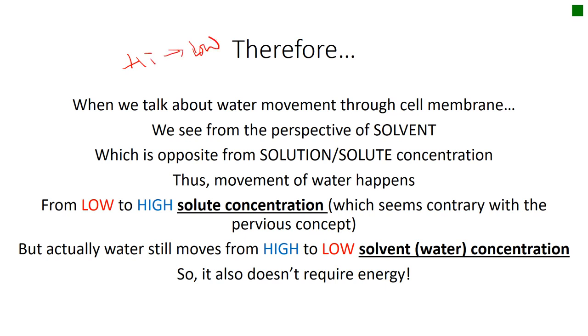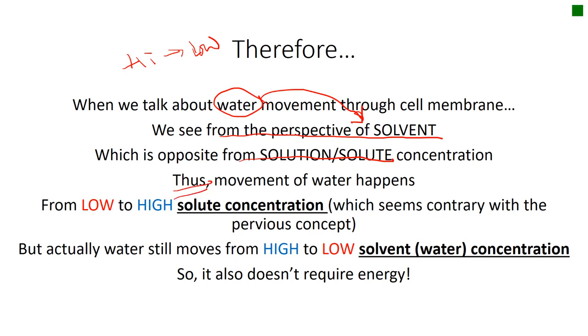But when we talk about concentration and solvent amount, that's the opposite. So when we talk about water movement through the cell membrane, we see it from the perspective of solvent, right? Water is the solvent, which is the opposite from solution or solute concentration.